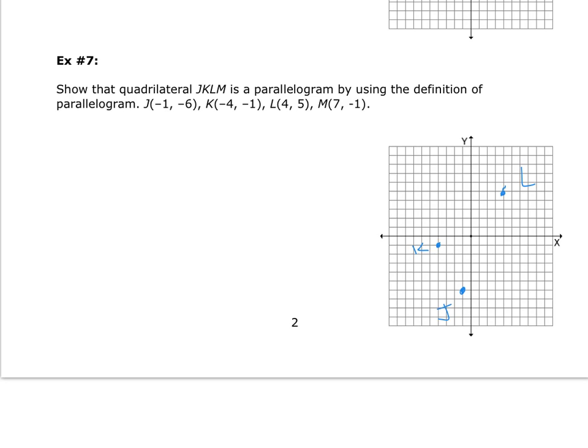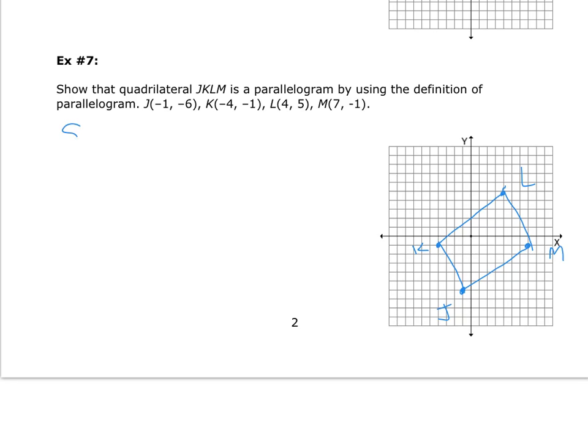That would be L, and then M is at 7, 1, 2, 3, 4, 5, 6, 7, and -1 down here. That is M. Now remember when we name it, we're going to connect the lines JKLM. Okay, so when I look at it, I want to try to show that the opposite sides are parallel.